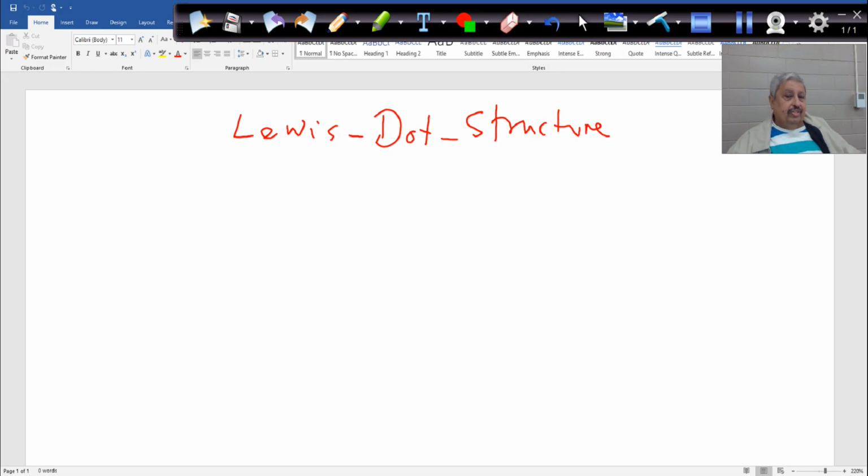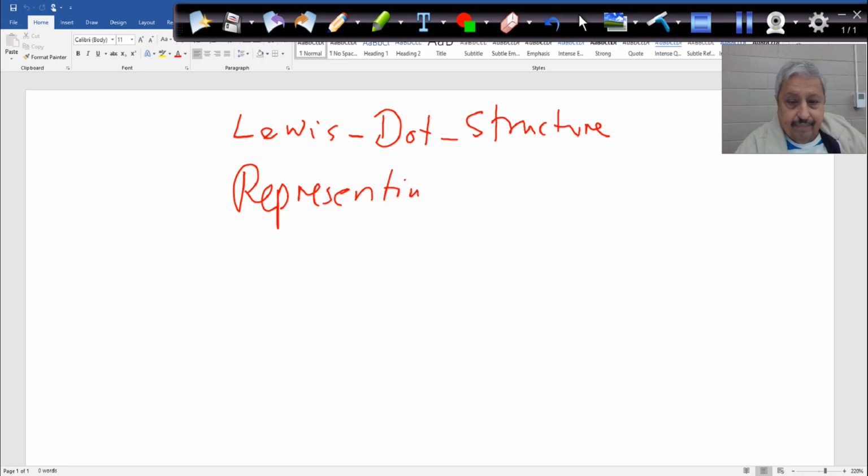The Lewis dot structure is representing the valence electrons, VEs, of each element as dots.